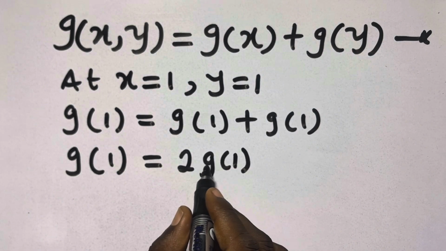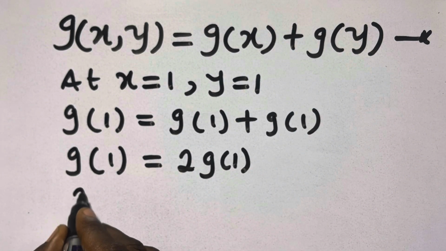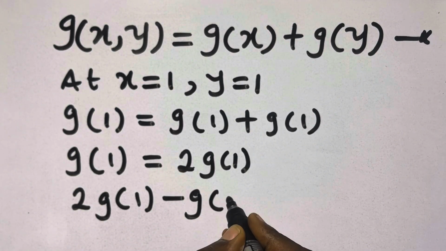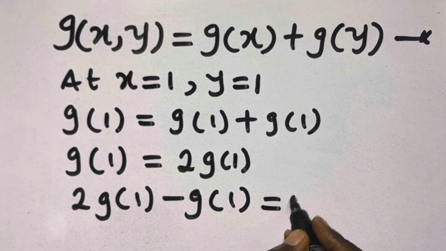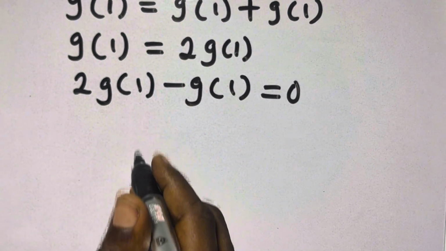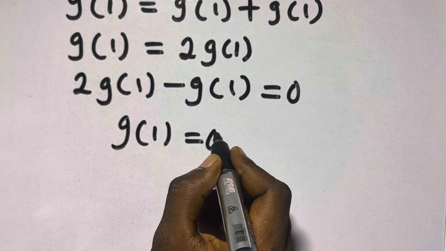So here we can transfer this to the other side, so we have 2 g of 1 minus g of 1 equals 0, and what we'll have is g of 1 equals 0.